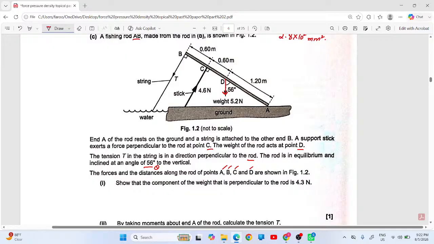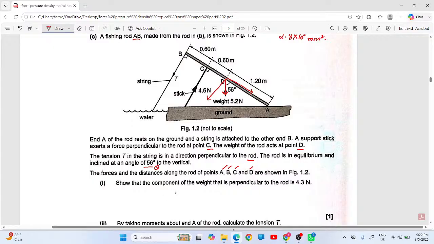So the component of weight which is perpendicular to the rod is, कौन सा बनेगा. यहाँ पे एक कंपोनेंट बचे ये बन जाएगा and the second component is this one. So the component of weight which is perpendicular to the rod is mg sin theta है ना.